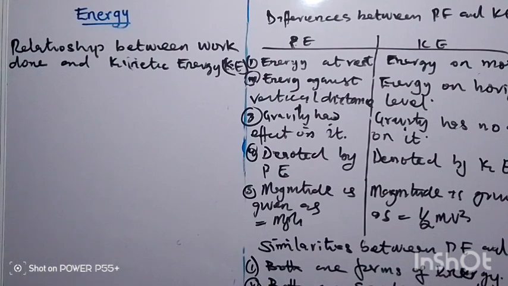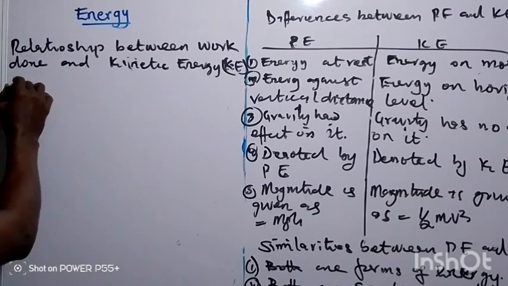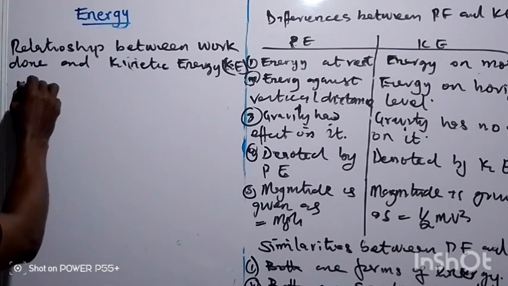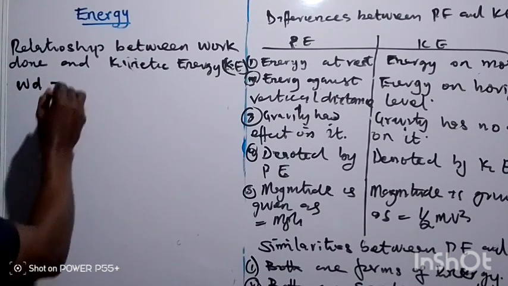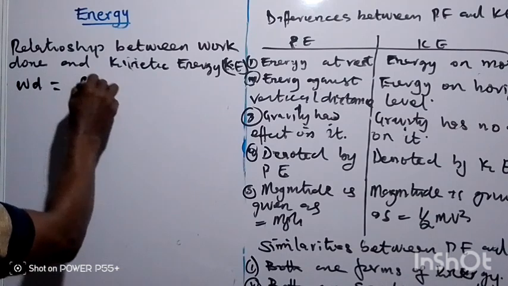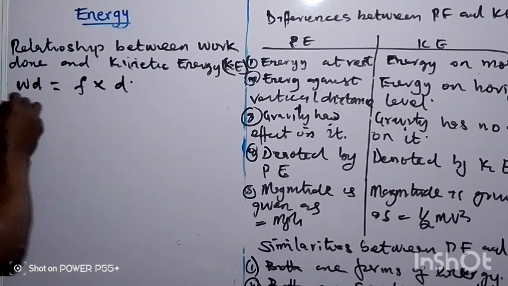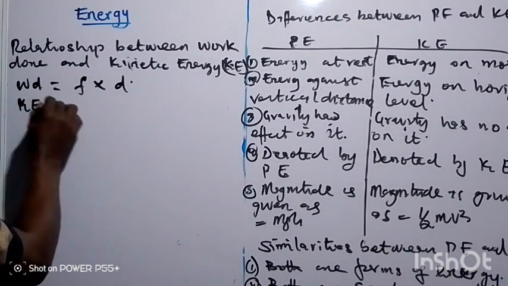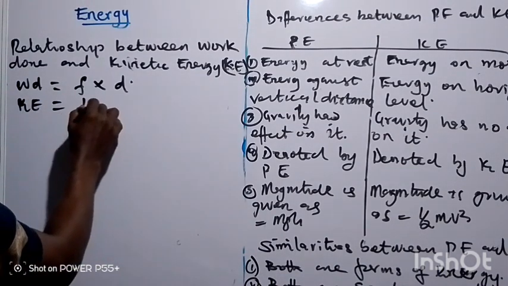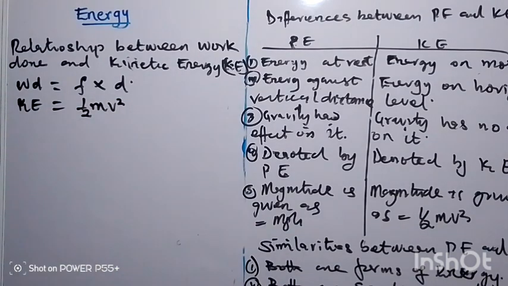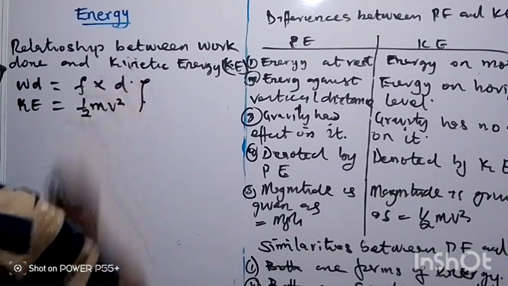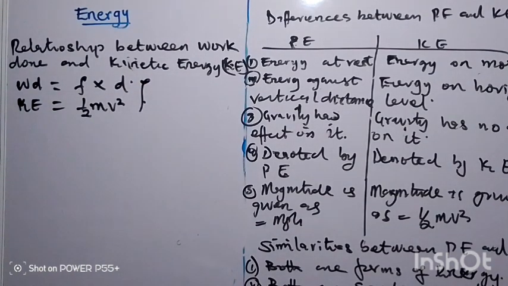From our last lesson, already we know that work done is equal to force multiplied by displacement. And here now, we've seen that kinetic energy, KE, is equal to half mv squared. Then how are these two quantities related together? This is what we want to look at now.